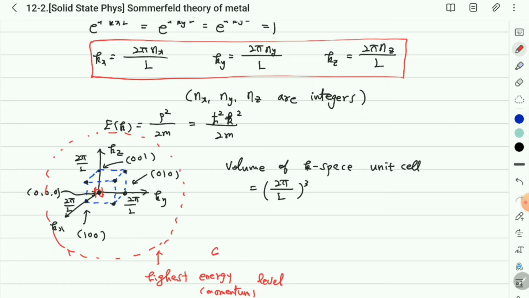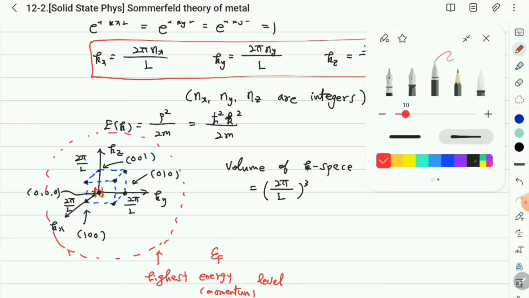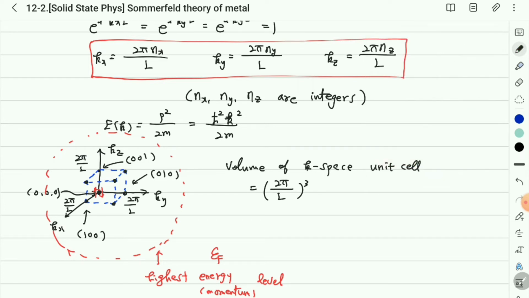We call it the Fermi level EF. Then we say that this is the Fermi surface. The Fermi surface is at zero temperature. The electrons are all occupied in the quantum states, and the highest energy level is the Fermi surface.